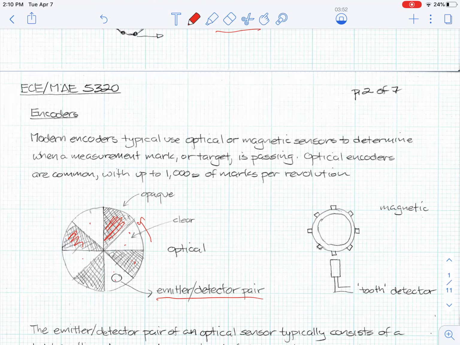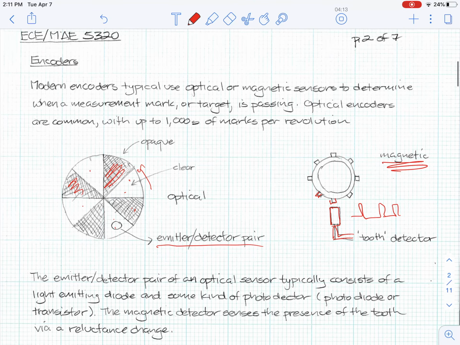And so as I'm rotating around, I will see the rotation as it goes along. I can also do this with magnetics, and in the case of magnetic, I may have a tooth wheel and some sort of reluctance sensor down here, and as the tooth comes around, the sensor will put out a little spike for each tooth.